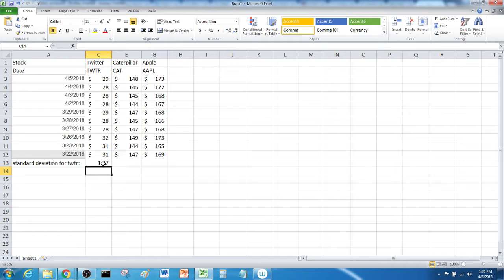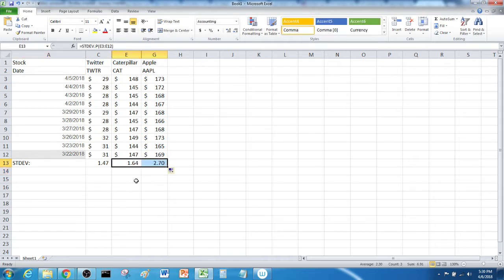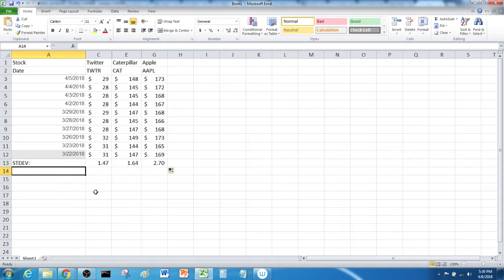Okay, so I can also compute that for Caterpillar by dragging this over, and we find the standard deviation for Caterpillar is 1.64. Standard deviation for Twitter is 1.47, standard deviation for Caterpillar 1.64. How about the standard deviation for Apple? Easy enough, 2.7.